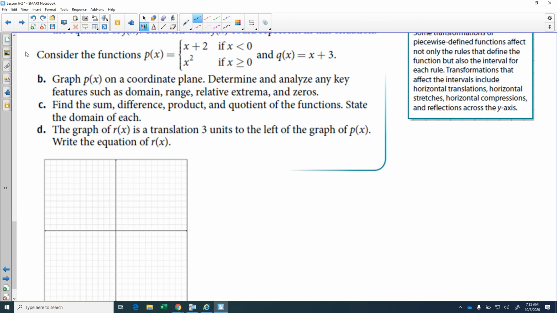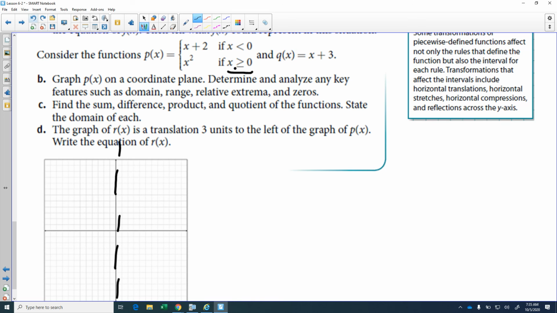So first and foremost, if I'm ever graphing out a piecewise function, I have to understand that basically what this means is I have a function, and I'm breaking this down at a specific restriction. So in this case, we have a restriction at 0. That tells me if I put a line through 0 here, we're going to have a graph on this side, which is going to be the x plus 2, and on this side, which is going to be the x squared.